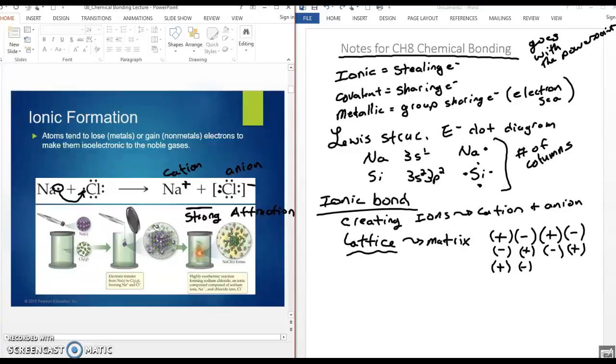We can think of this kind of like a salt cube. It creates this matrix of different charges, and this is what we consider a lattice. Lattice energy specifically, I want to go into lattice energy? I don't think so. We'll leave it there. This is a lattice. It creates this matrix form of different levels of positive and negative. So that's pretty cool.